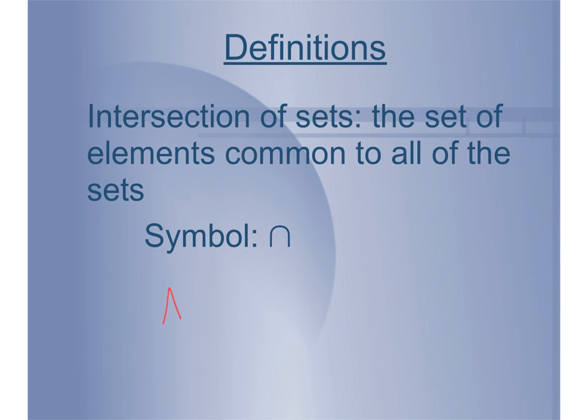So once again, if I were to say A intersect B, and I were to take those same two sets that I just had prior to this, A, that set was 1, 2, 4, and 7.